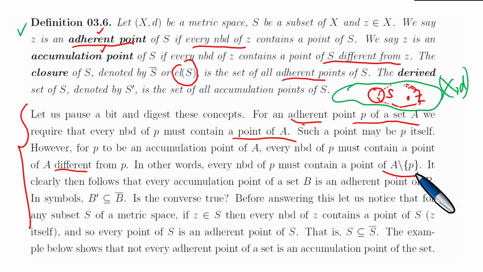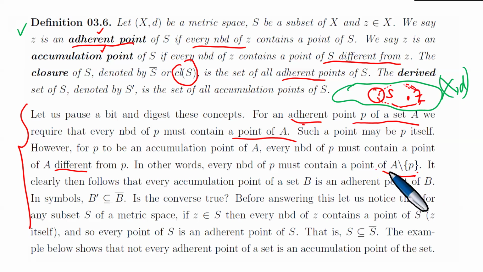This last sentence, right? You're saying, in other words, every neighborhood of P must contain a point of A minus P, so every neighborhood of P must contain a point of the complement of P. Why must it be the complement?